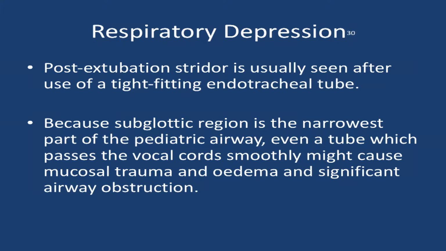Post-extubation stridor is usually seen after use of a tight-fitting endotracheal tube. Remember that stridor is a high-pitched sound that occurs. You hear this upon inspiration. Because the subglottic region is the narrowest part of the pediatric airway, even a tube which passes the vocal cord smoothly might cause mucosal trauma and edema and significant airway obstruction.